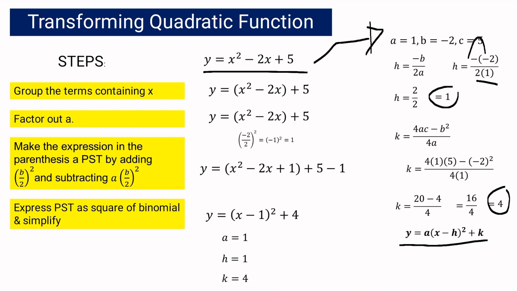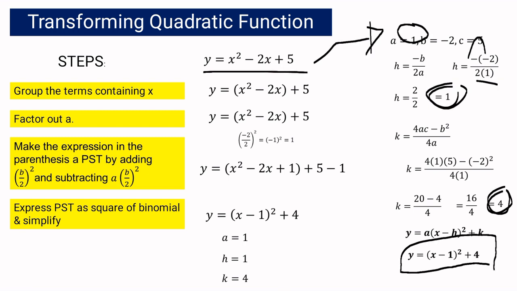And if we do that, it will become, yes, our a is 1 here. Again, it is unnecessary for us to write the coefficient 1. So it will become x minus, you just copy x, you just copy minus, and then you just substitute the value of h, which is 1, and then copy the exponent squared, and then the value of k, you copy, that is positive 4.